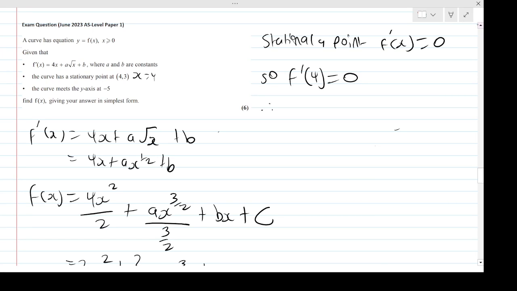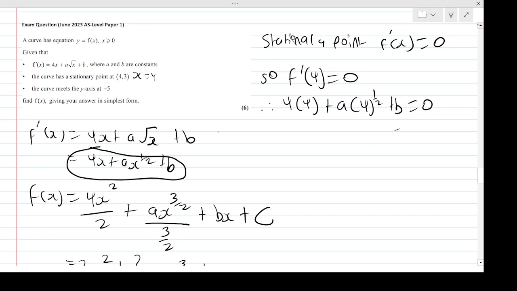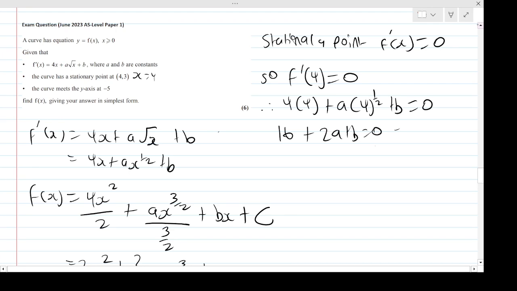So 4x is 4 lots of 4, add ax to the half, that's a lots of 4 to the half, add b, has to be equal to 0. So 4 times 4 is 16, 4 to the half is 2, so 2a add b equals 0. That's one equation I have here.